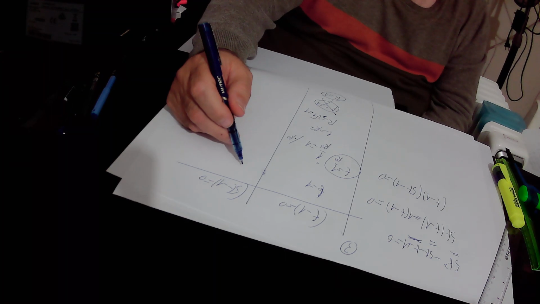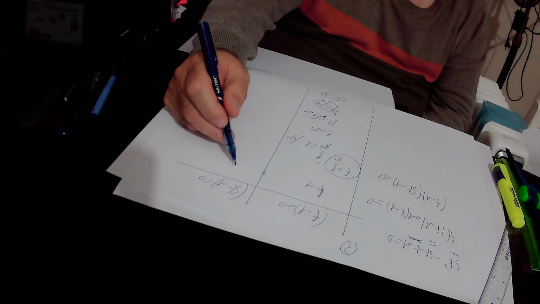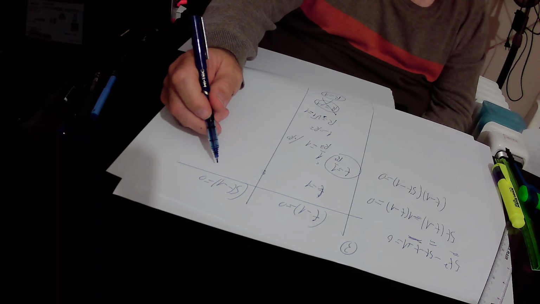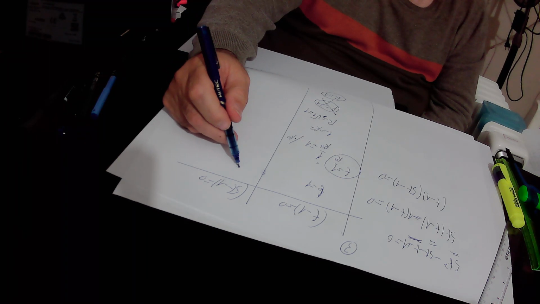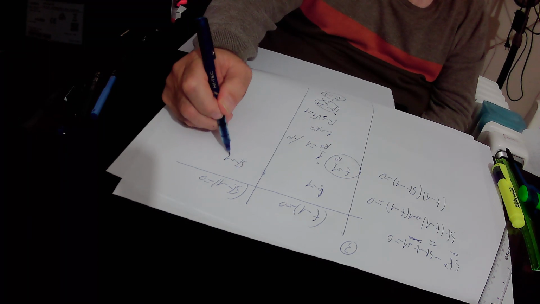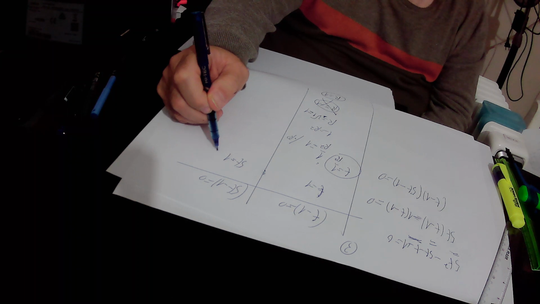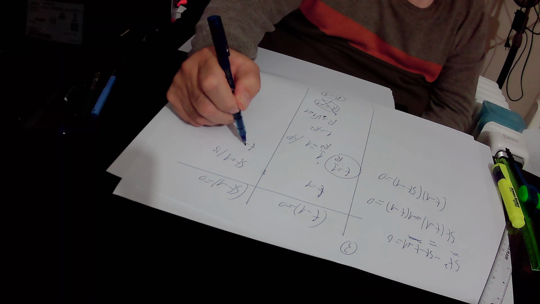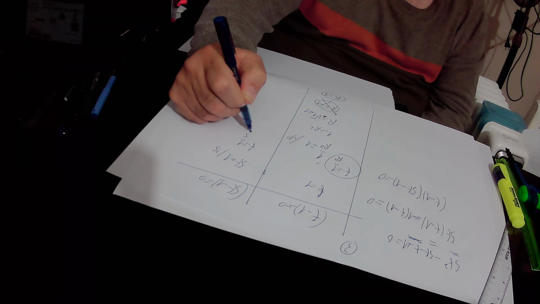So we have 5t minus 1 equals 0, so 5t equals 1. We divide this equation by 5, and we get that t equals 1 over 5.